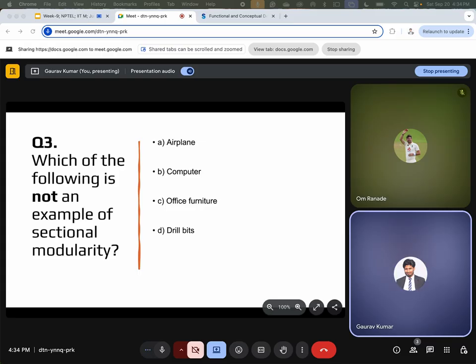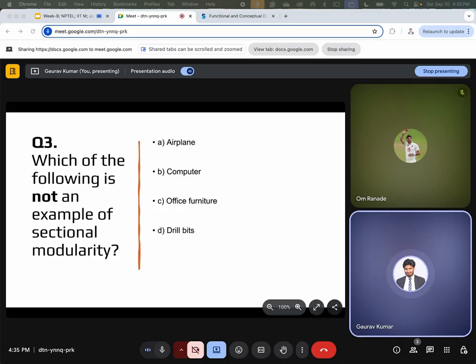For example, office cubicles are sectionally modular because panels can be rearranged to create a new layout. Similarly, drill bit sets allow bits of different sizes to be swapped while retaining the same tool base. These reflect the essence of sectional modularity. So while many engineered systems favor a modular strategy, airplanes represent an integrated system.